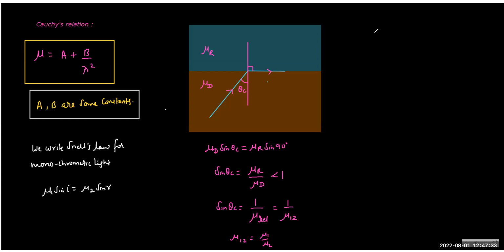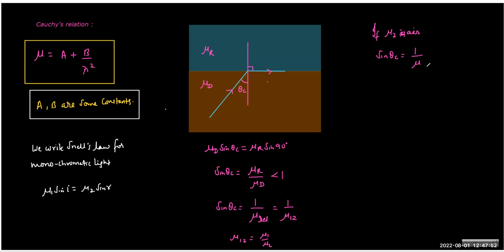So what you can see is that if mu2 is air, then sin of critical will be simply 1 by mu. That's very simple.